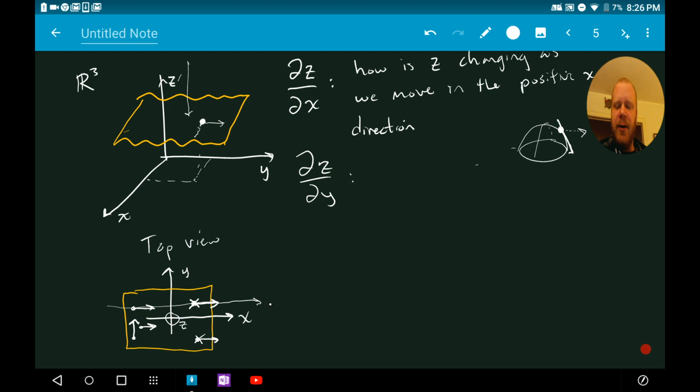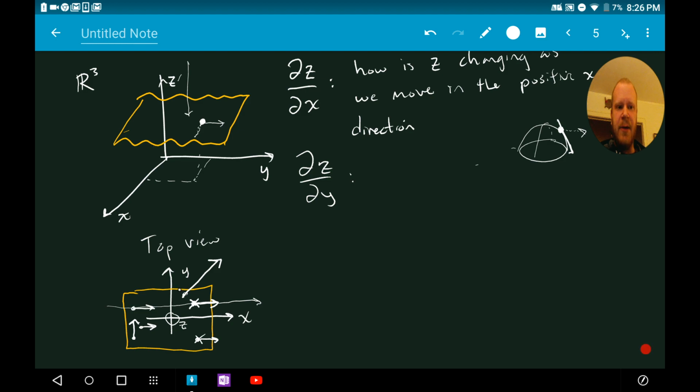This is going to be useful. Like I said, this builds the foundation for what we do later in the class, because as we'll see, you can take the partial derivative with respect to x, and you can take the partial derivative with respect to y. There's also some third option where you say, hey, off in this direction, how is z changing?